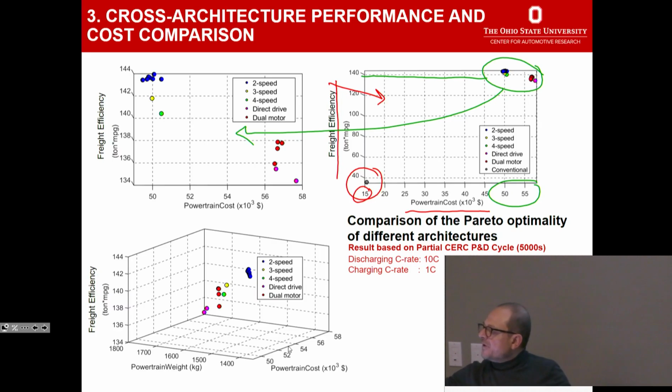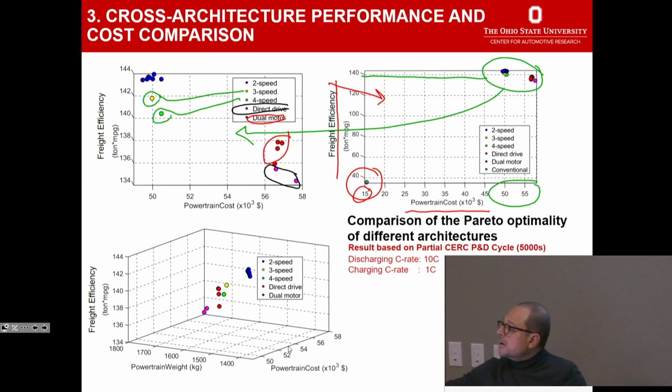I have direct drive, it's these. Dual motor is that. So dual motor is actually a little better than direct drive. We've learned something. But look at this. The 3-speed and 4-speed transmission are here.